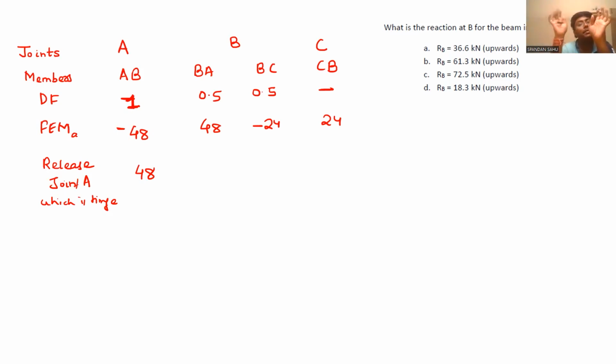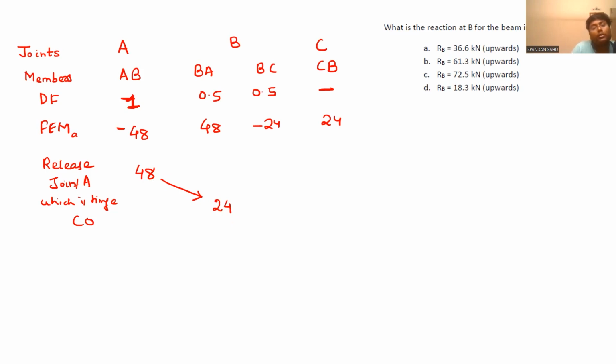Yes, sir, from the mechanics point of view, now it is correct. Now, if you apply 48 kilonewton meter moment there, then there will be some carryover to the internal joint B. What will be the value? It will be 24.